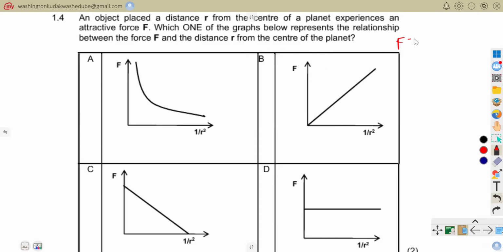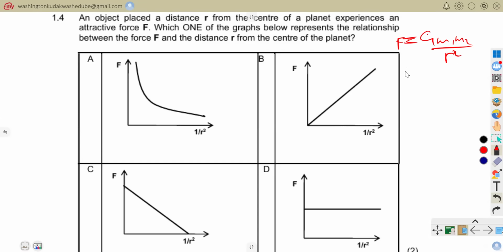So the force F is the force that an object that is at a distance r experiences due to the attraction to the center of the planet. So this force is the one that we know is equal to G m1 m2 over r squared.